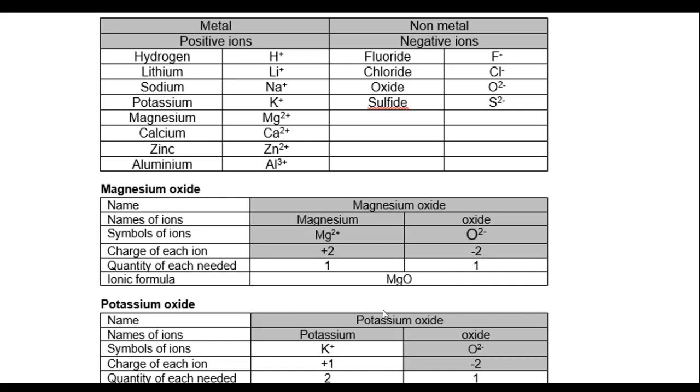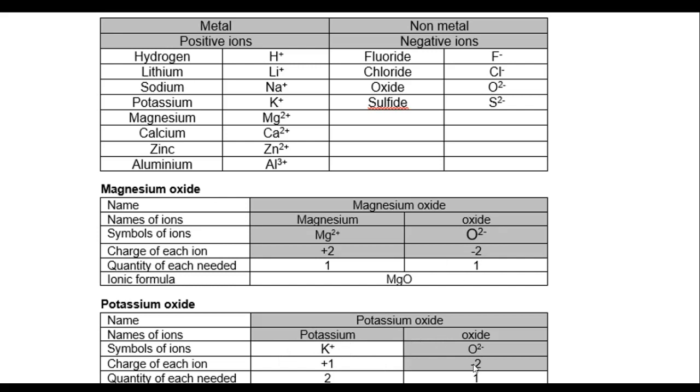Leading on to our next example then, we have potassium oxide. So the ions that make up potassium oxide are potassium and oxide. The symbol for potassium is K+, meaning it has a charge of +1 per ion. And we've already looked at oxide in the example above.